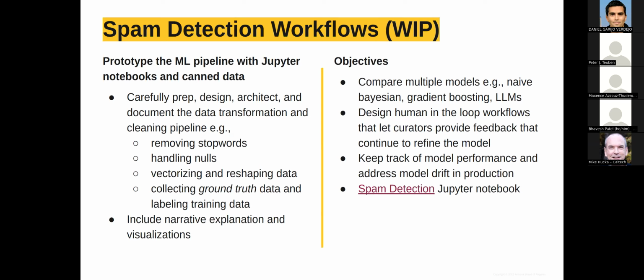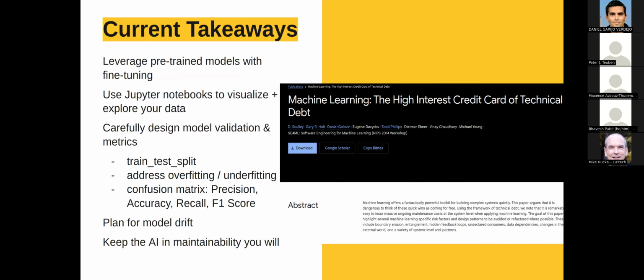Oftentimes spam users will add their content in their bio, for instance, that has links to the casinos and other malware-laden sites that they want to share. So making that flexible and maintainable has been the ongoing challenge for us, as I think there's this famous paper from 2014, I believe, that characterizes machine learning as the high interest credit card of technical debt.